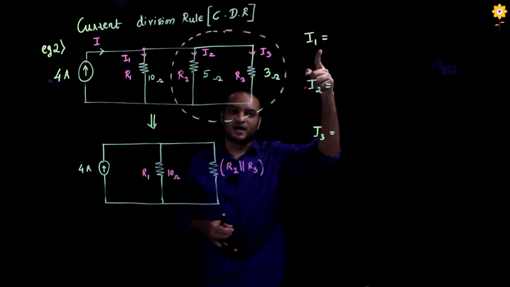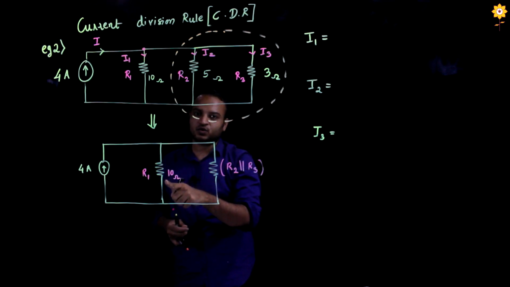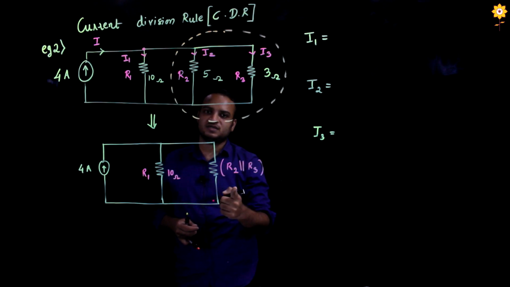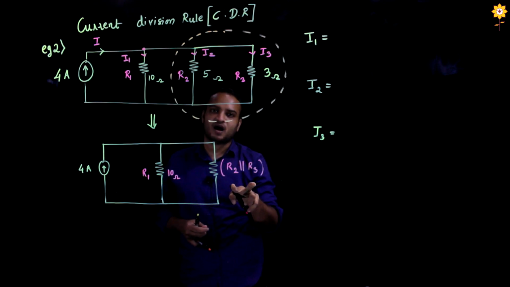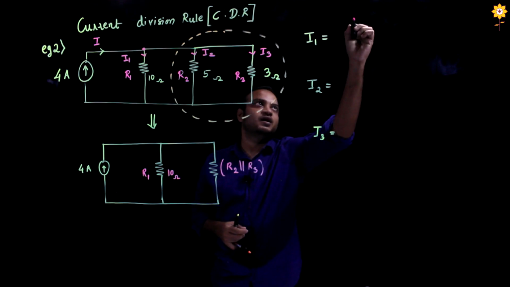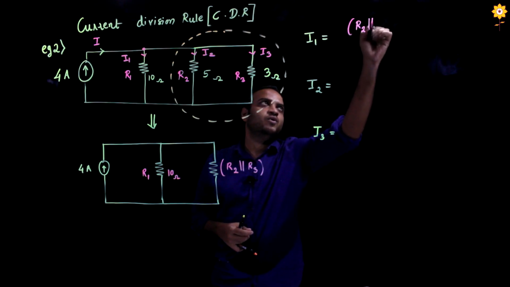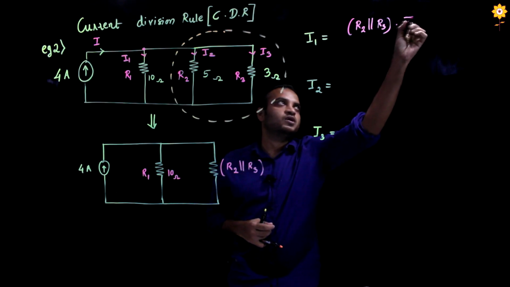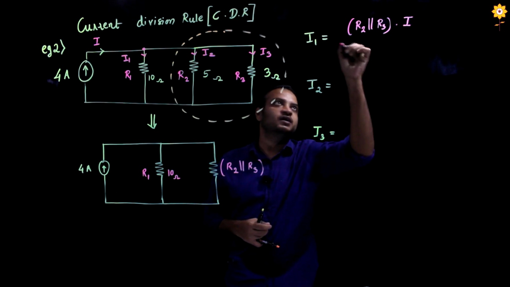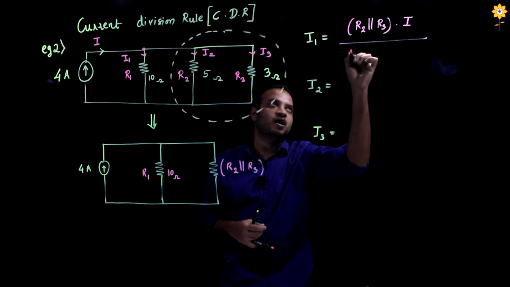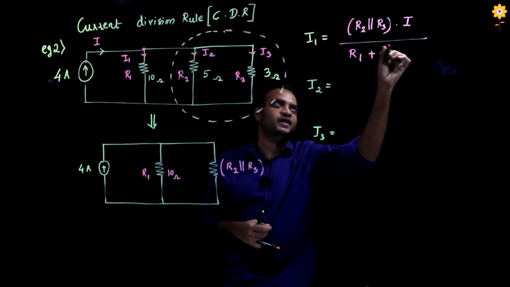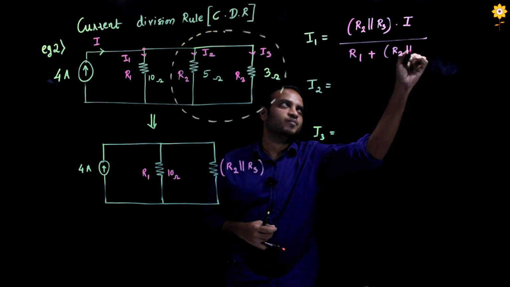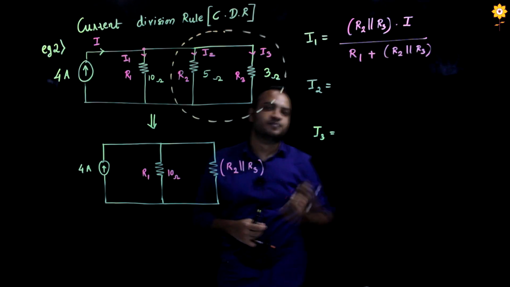If I want the current I1 which is flowing through R1, what is the opposite resistance? It is a combination of R2 and R3 in parallel. So I1 equals R2 parallel to R3, into current before division, divided by R1 added with R2 parallel to R3.